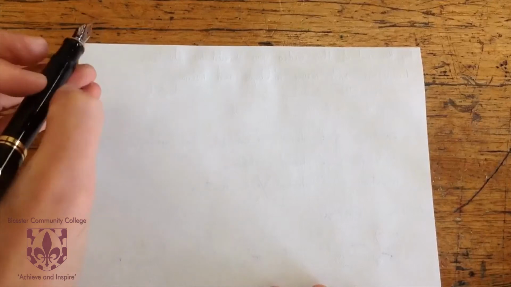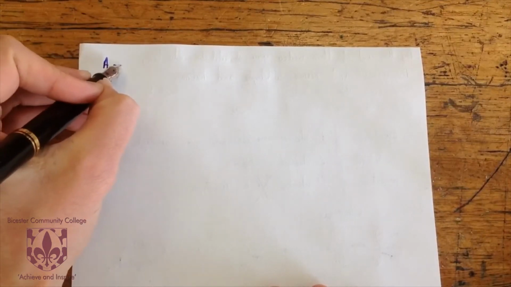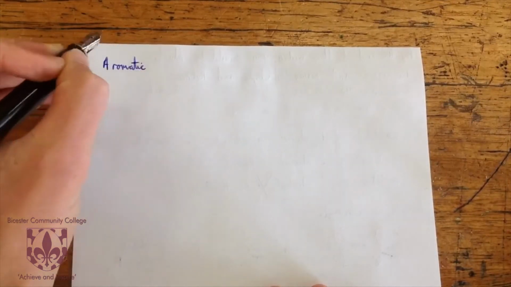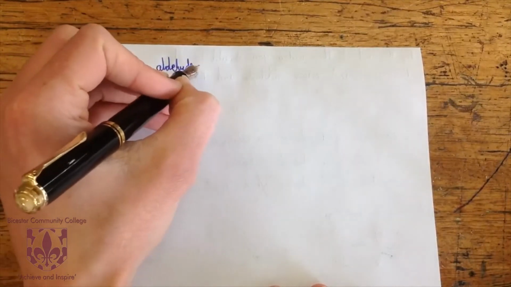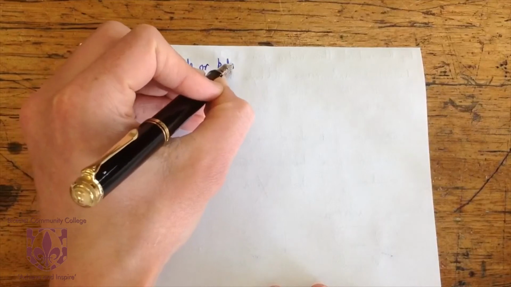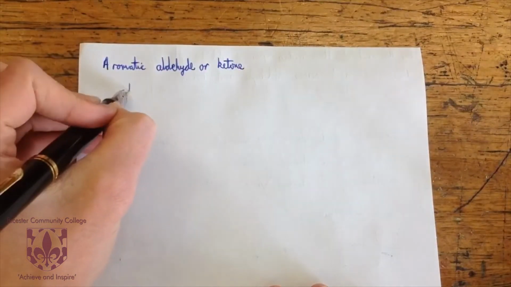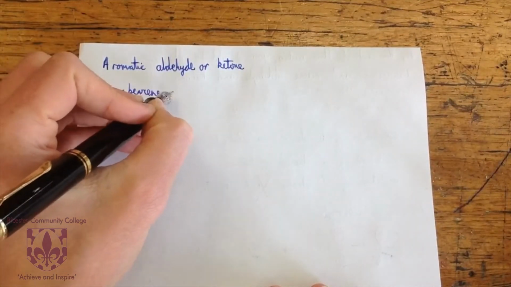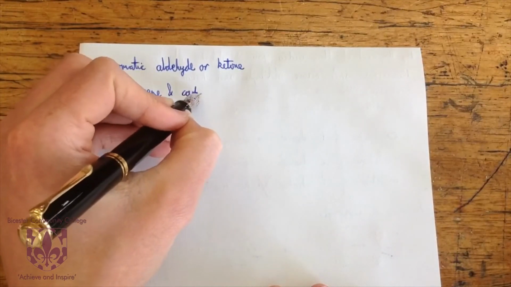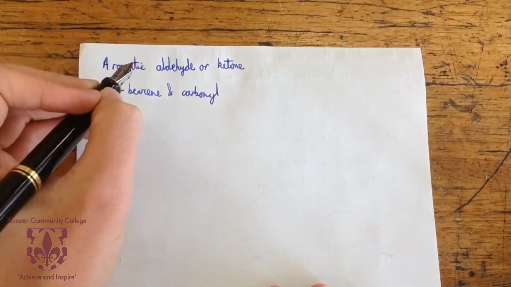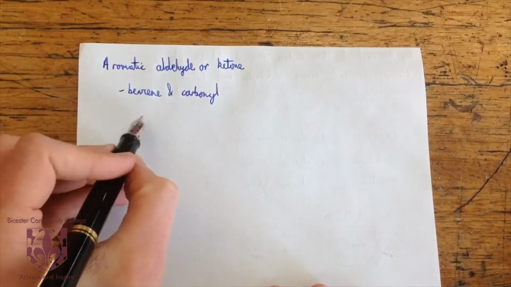Okay, and we'll look at just one more thing. If you have what is known as an aromatic aldehyde or ketone, and that just means you've got a benzene ring and a carbonyl in the same compound.